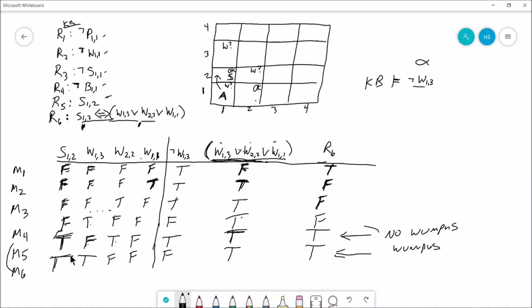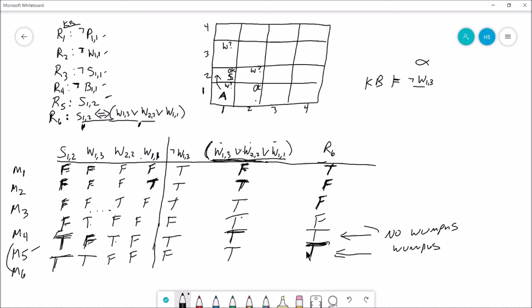So the only way that you could say for certain that the knowledge base entails that there's no Wumpus in 1,3 is if every single world was like M5, where there was no Wumpus in 1,3 and R6 still held. Now, there is an example of a world, just one. All we need is one.